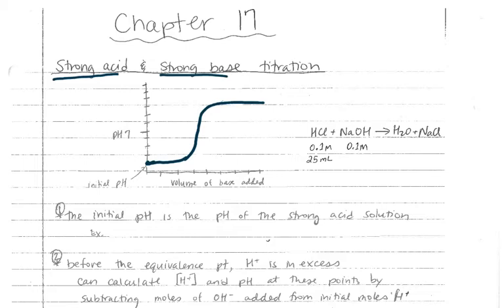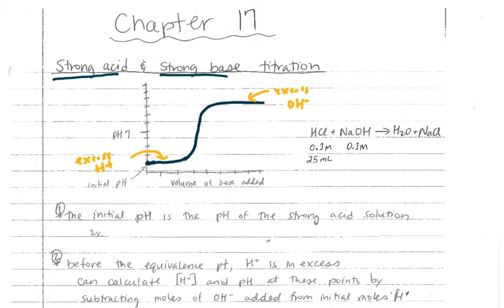So at this point down here, we still have an excess of H plus ions, which is why the pH stays very low. And then up here, the pH is high because we have an excess now of OH minus ions.